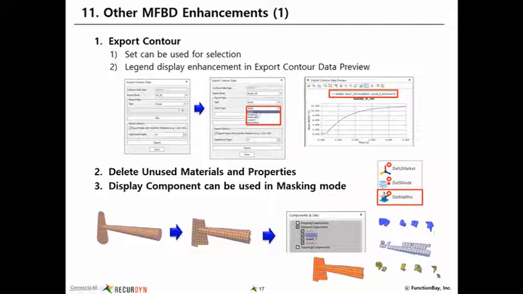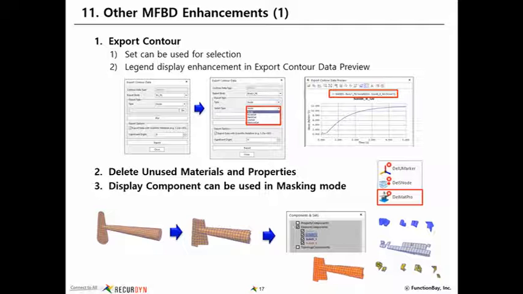You can select between the node set and patch set, what you're trying to export. In RecurDyn V9R3 it wasn't labeled very accurately, so it could be confusing what you were looking at once you imported or opened it. It's labeled more accurately now, so you have more detail of what you're actually looking at.